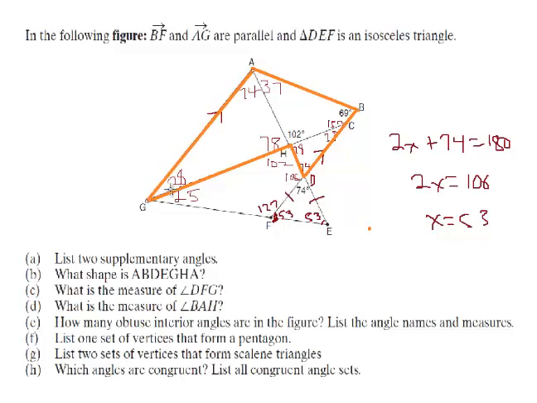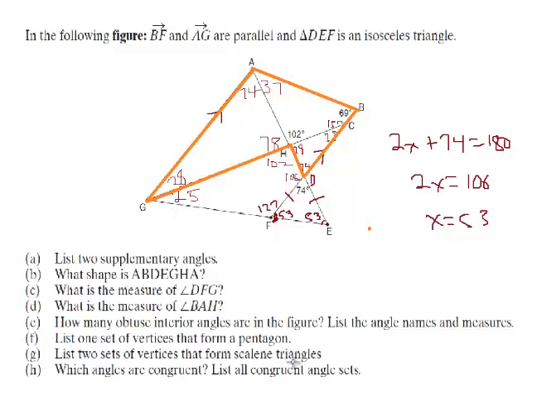Yeah, that would be a pentagon. There are many others, I'm sure, but this would be a weird-shaped pentagon, but it's still a pentagon. It's got 5 sides: 1, 2, 3, 4, 5, and so the vertices would be G, H, D, B, A.